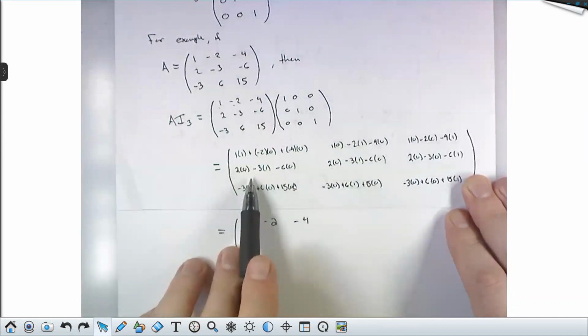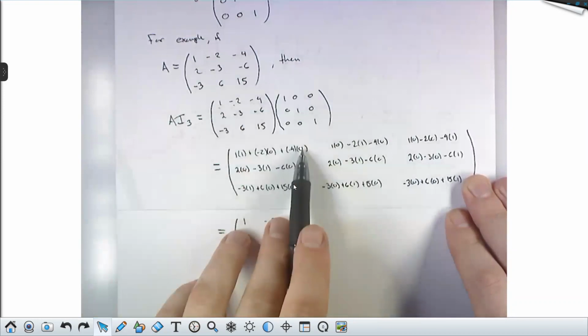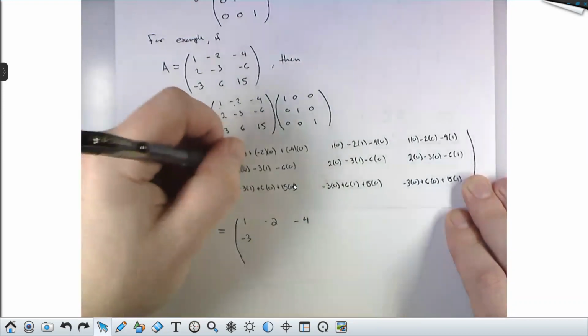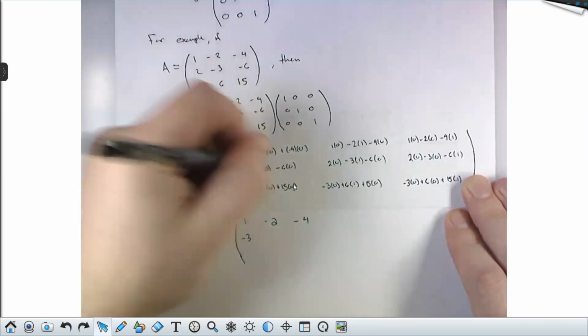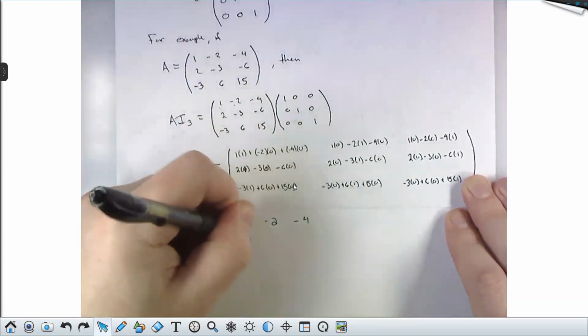Let's see, did I make a mistake here? This should be row 2, column 1. Yeah, I'm sorry, this should be the 1, row 2, column 1. Okay. So this is a 2.